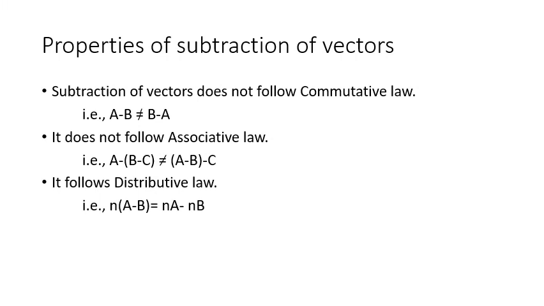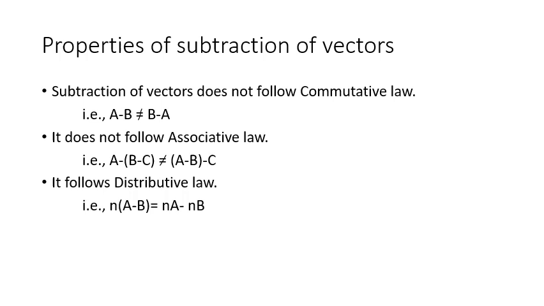Students, now we'll see properties of subtraction of vectors. The first property: subtraction of vectors does not follow the commutative law, that is, a minus b is not equal to b minus a. Second, it does not follow the associative law, that is, a minus b minus c is not equal to a minus b minus c.